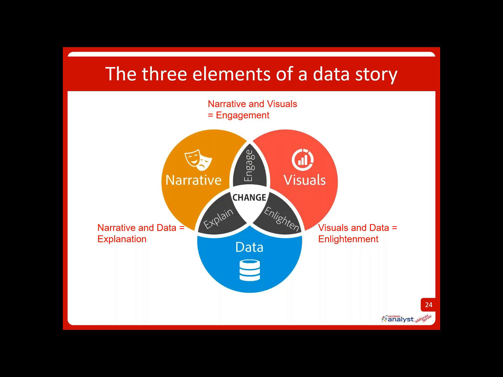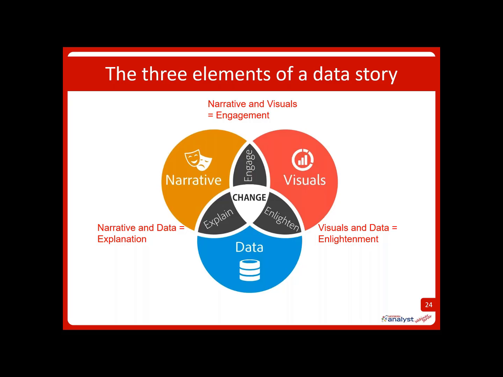I can see it. I'm enlightened. Now we can say, aha. I'm sure you have looked at a graph and said, yes, aha, I can see what's going on. And if I combine the narrative and the data, that explains what's going on. I'm telling you, but here's the data to back it up. Here's the data, and let me put it in context. This explains what's going on.